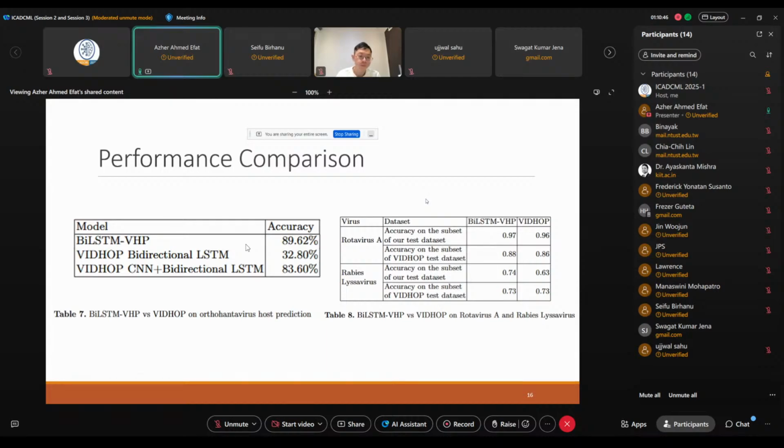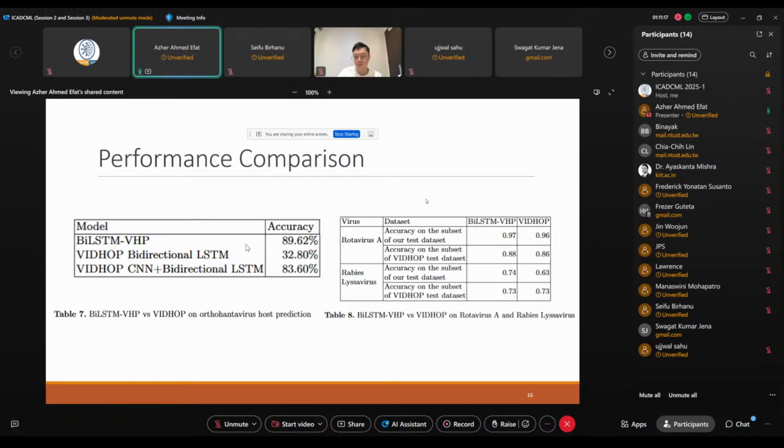Additionally, VDOP is the only work that we found that predicts host for rotavirus A, but their work was done only on 6 classes, whereas our work was done on 12 classes for rotavirus A. And VDOP can also predict host for rabies lyssavirus, but they do it only for 17 classes, where we did it for 29 classes.